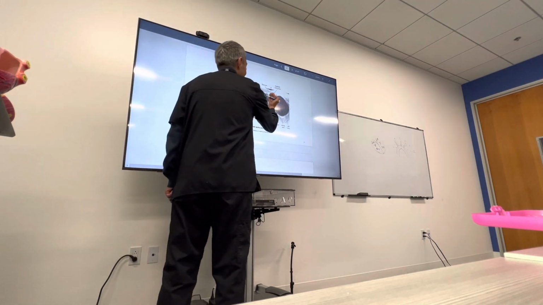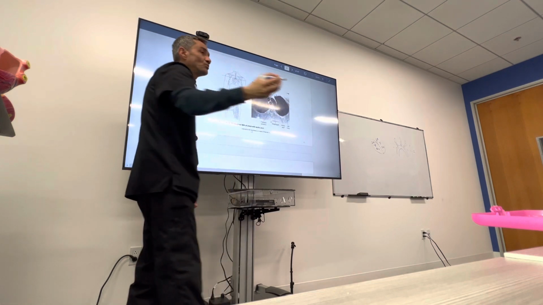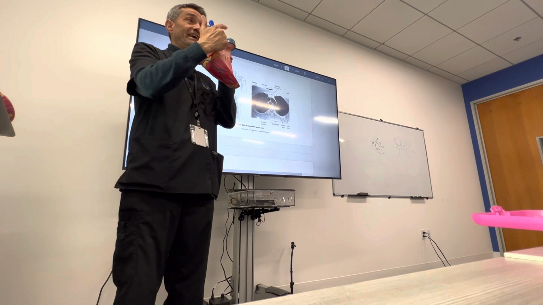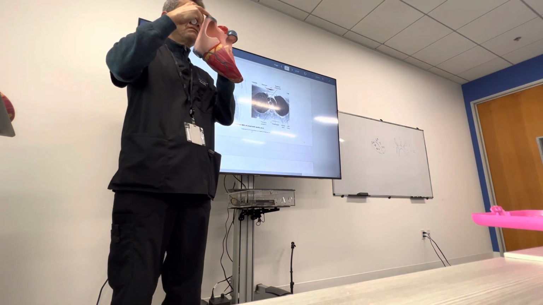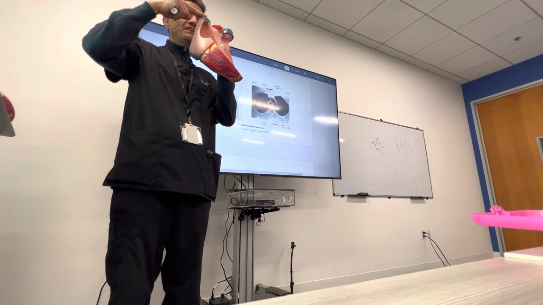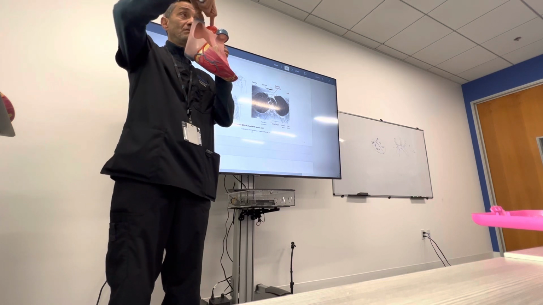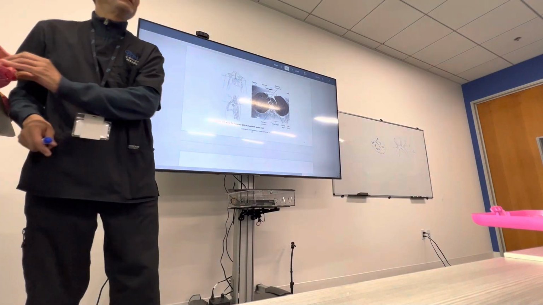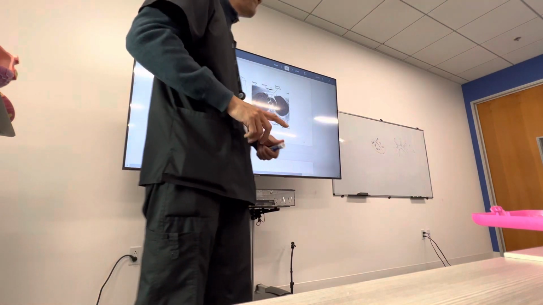If I move toward the right, this is what we said earlier. This is the aorta, and this is what? The superior vena cava. Always the superior vena cava is toward the right of the aorta, next to each other, like this. Easy, huh? Sometimes.